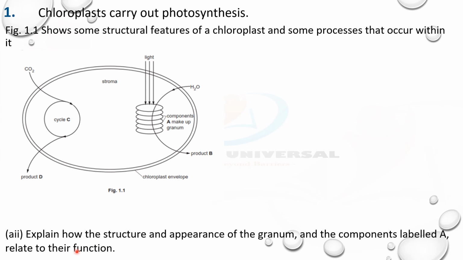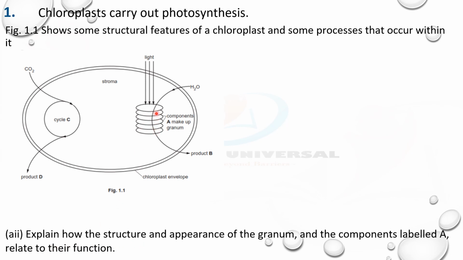The first thing you mention is that they said granum and the component labeled A. This is granum, the stack of thylakoids. Meanwhile, pause this video and try it. How does the structure relate to the function?